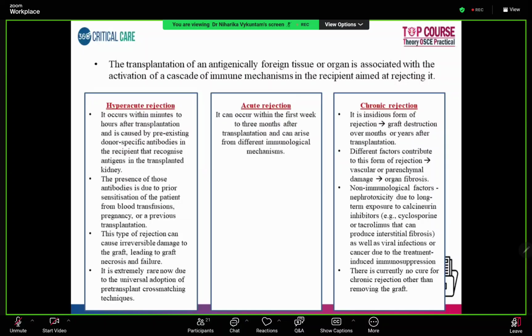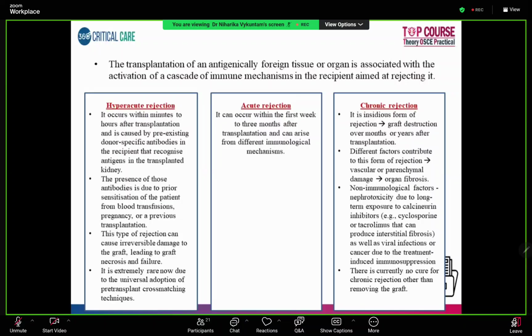So how can these pre-existing donor specific antibodies be present? It can happen due to prior sensitization of the patient from blood transfusions, or if the patient was a pregnant lady, or if the patient had previous transplantations. In such cases, if the recipient has some specific antibodies to the donor, then there could be rejection, that is known as hyperacute rejection.